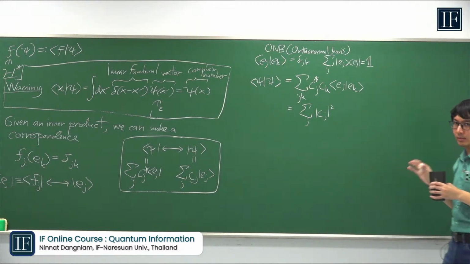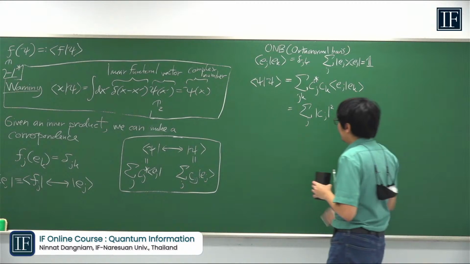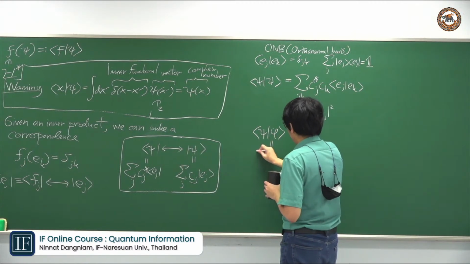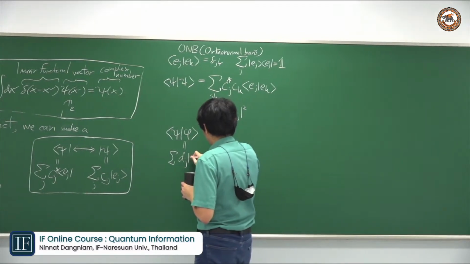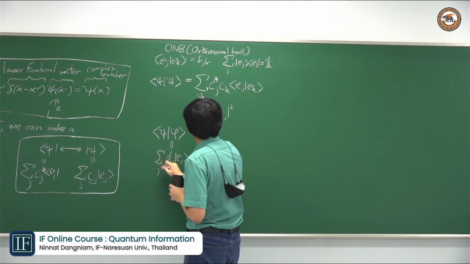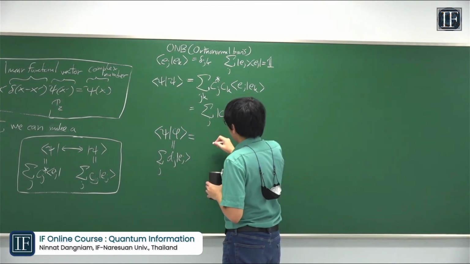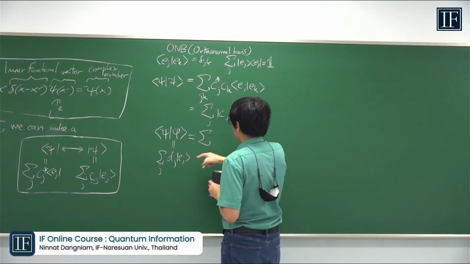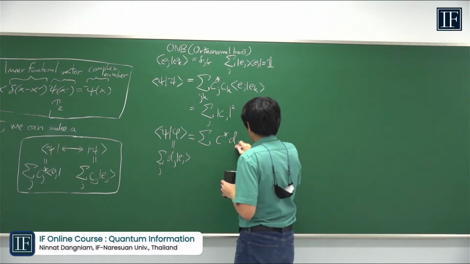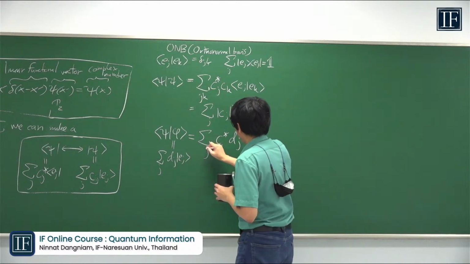Then this would be what we already know. And in general, let's say this is the sum over j of dj ej. In an orthogonal basis, this would be c star d.